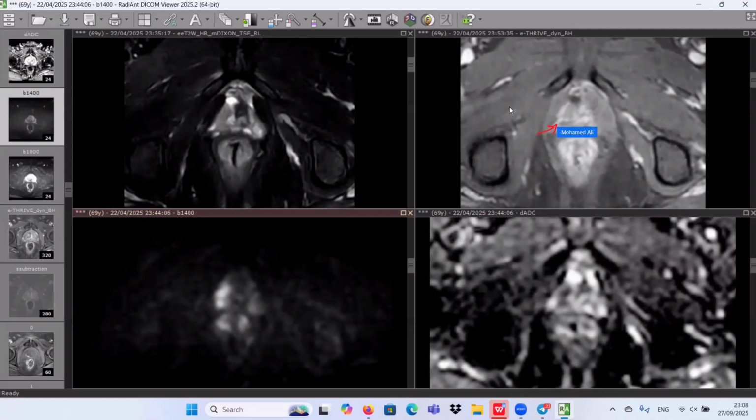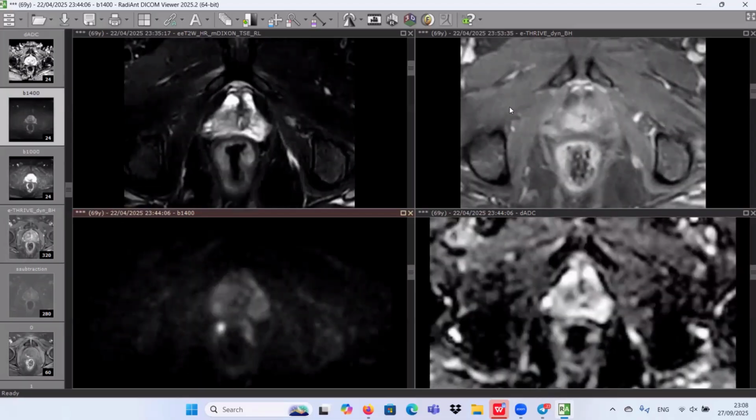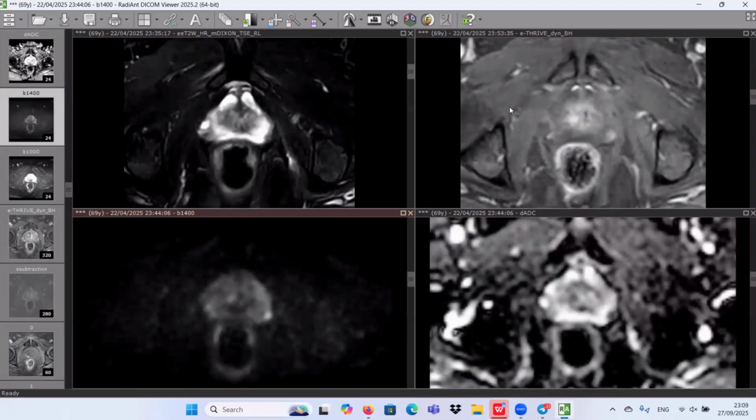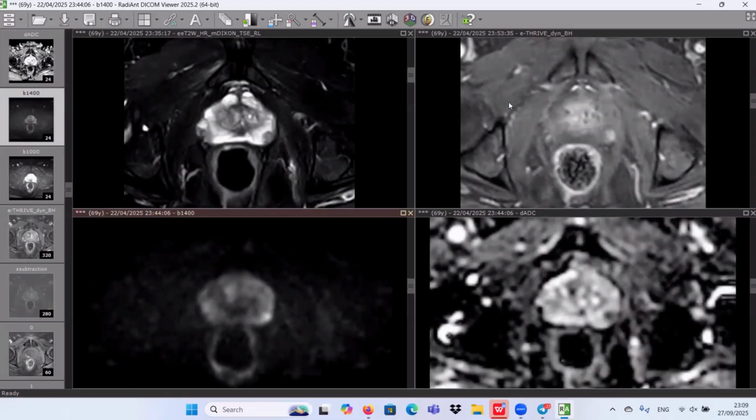This is a malignant feature. Look at the other lesion here. It is clearly defined that we have intense contrast enhancement on the early phase of the dynamic contrast with washout. So we have two lesions with all malignant features.